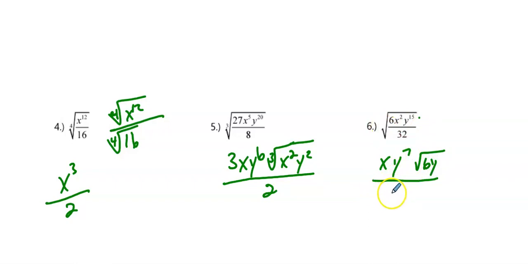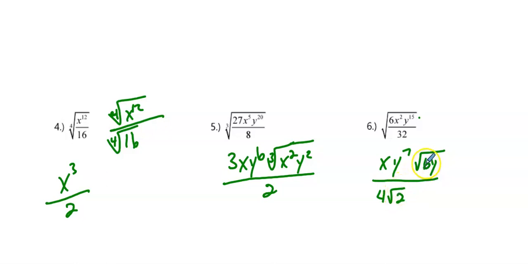The square root of 32 is going to simplify to 4 square root of 2. So now we don't like this radical here, right? But we do have this 6 here.